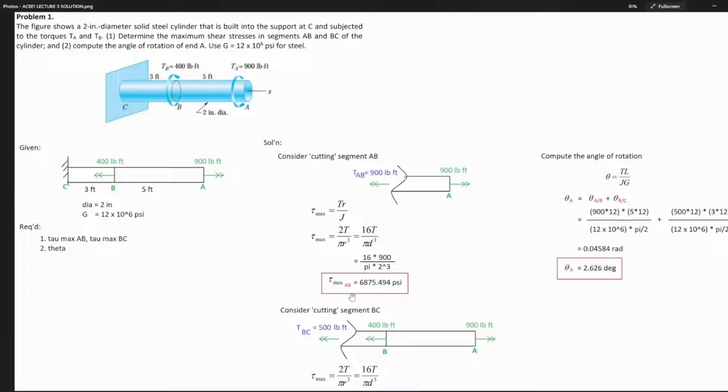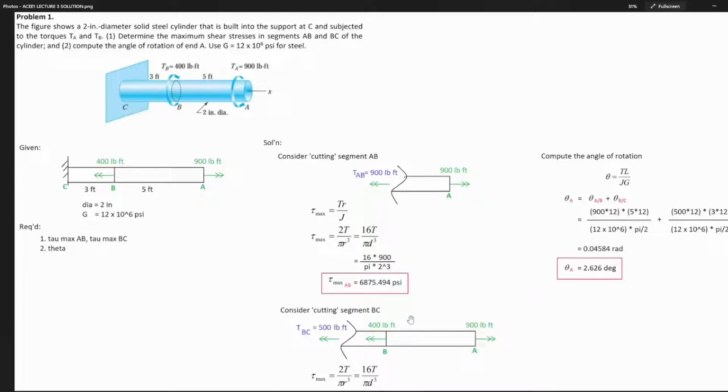You might get a different answer. Why? Because you did not convert the 900. This 900 is in pound-foot, this 2 is in inches. So your 900 should be multiplied by 12. If you do that, this is the answer you get: 6,875.494 psi.